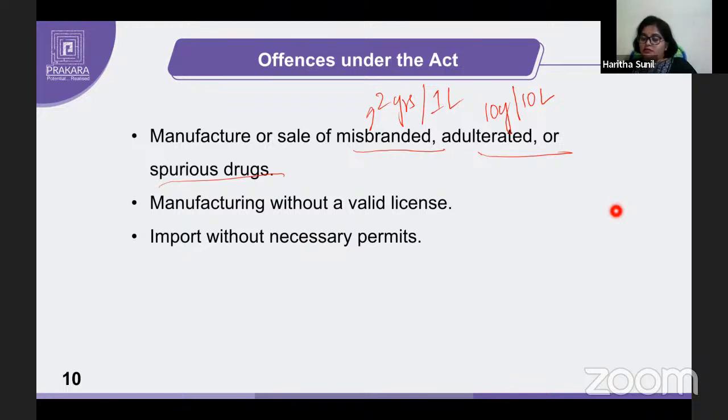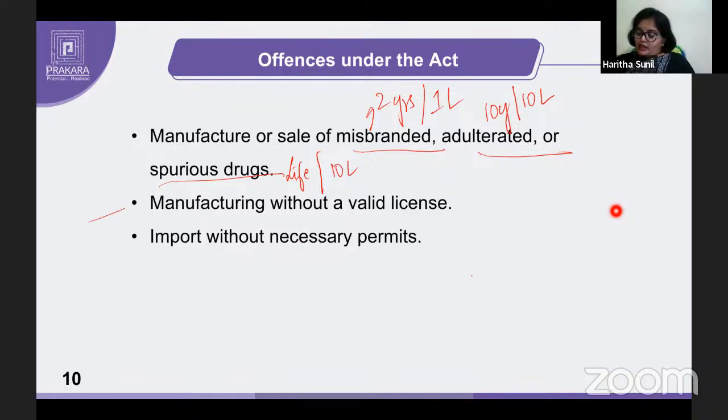And then spurious drugs are fake drugs, where the manufacturer would claim in a false manner. For example, a drug labeled as a popular brand, but it does not contain any active ingredient, is called a spurious drug. And here, either imprisonment for life or 10 lakhs is the fine.